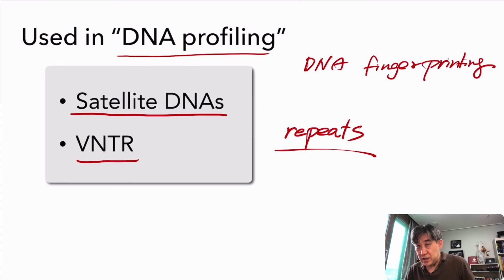So these DNAs in the heterochromatin area don't have any meaningful genes, but usually contain a mysterious sequence unit of repeated sequences.